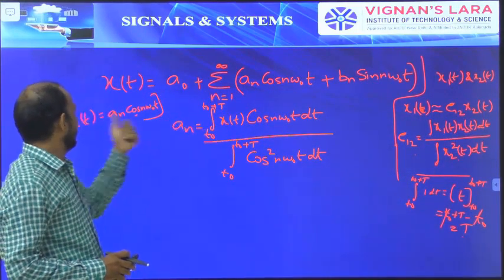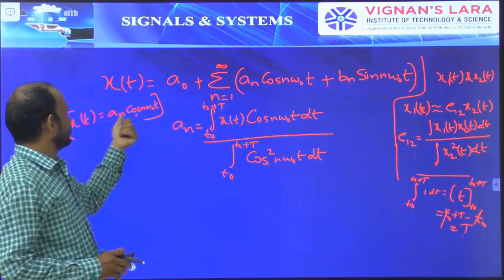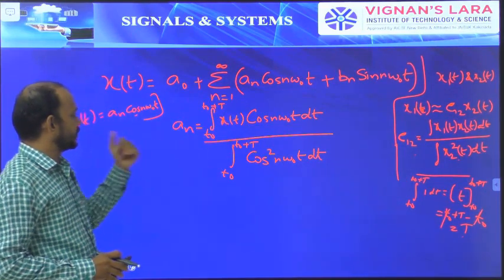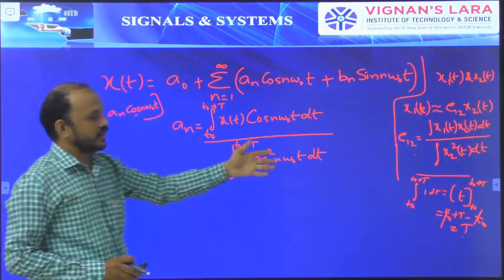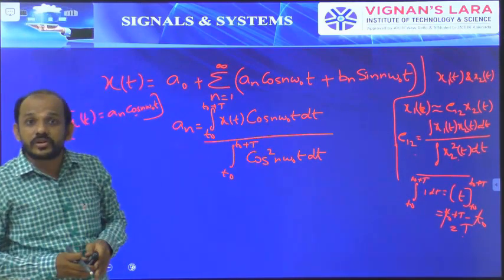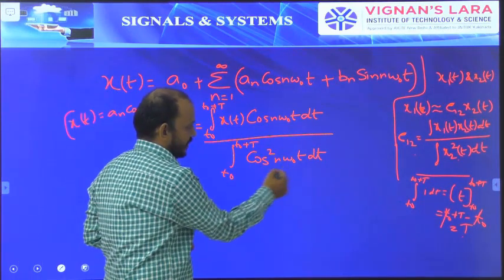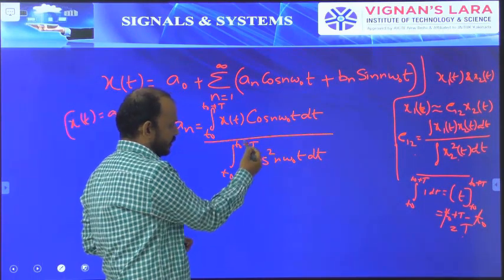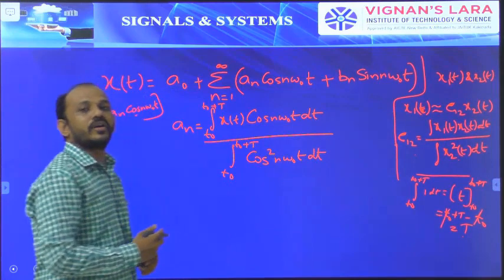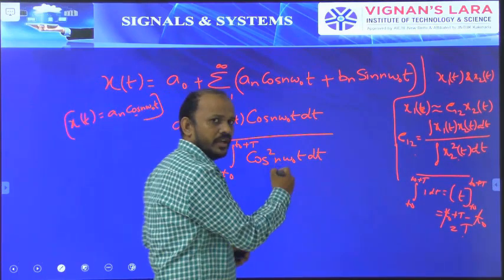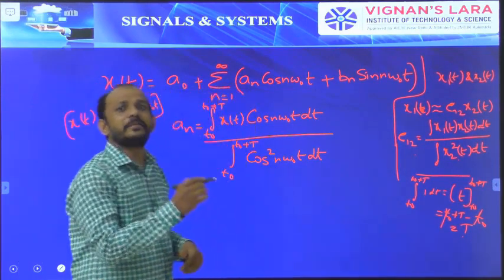So integration of x of t into cos n omega naught t dt, divided by integration of cos square n omega naught t dt over the interval, that is t naught to t naught plus capital T. Here, if we simplify this over the limits t naught to t naught plus T, what do you get? Here you get the answer as T by 2.